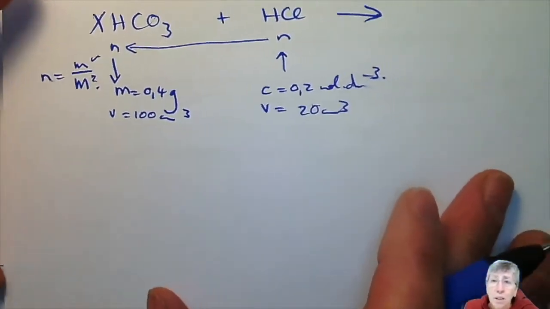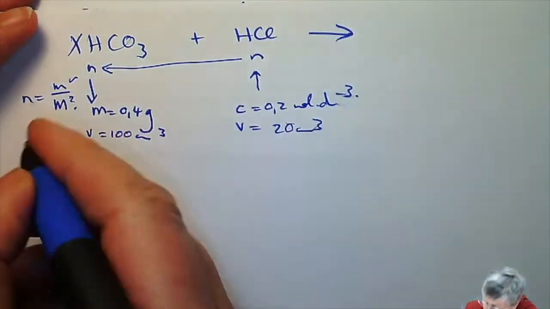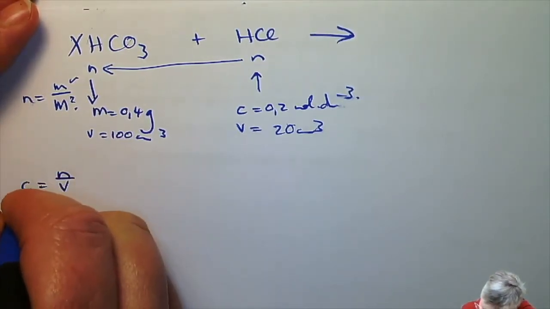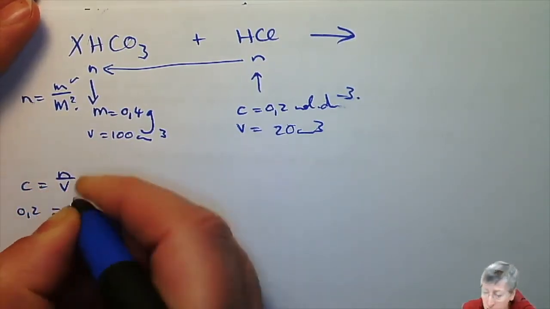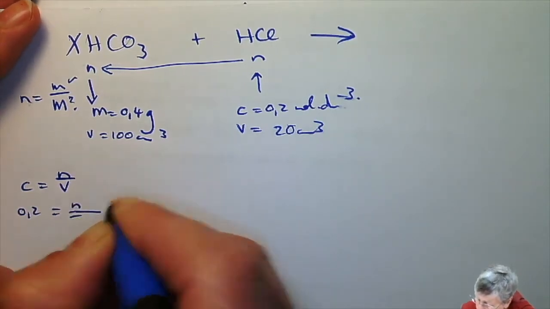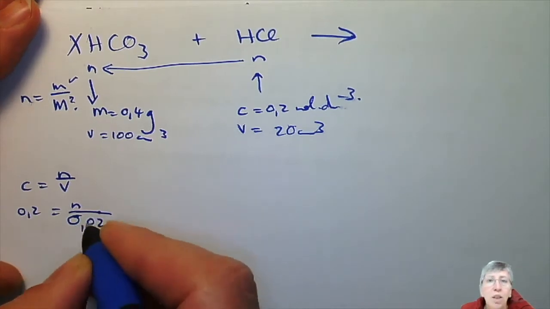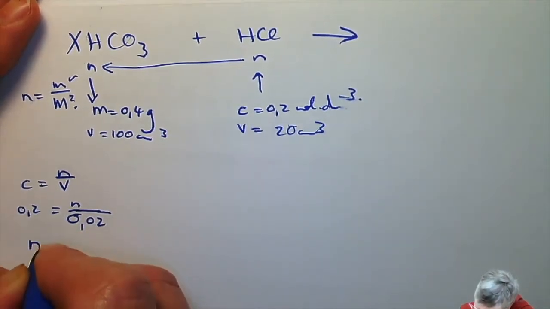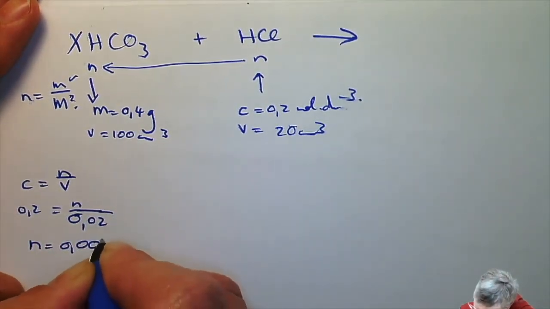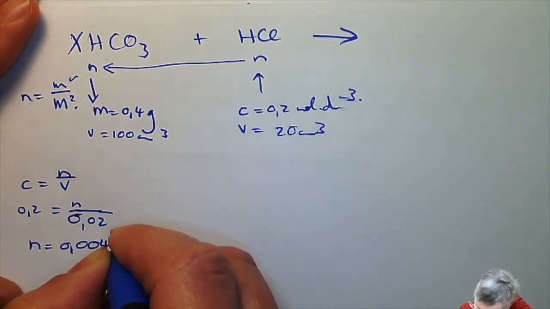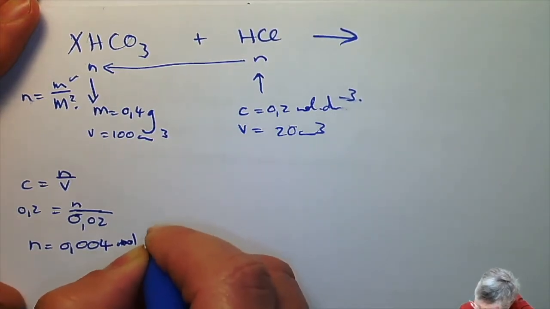Right, so let's start first with that concentration. So the concentration is 0,2 and the volume is 20 cubic centimeters. So that will be 0,02 to go to cubic decimeters, ending up in 0,004. And that is now moles of HCl.